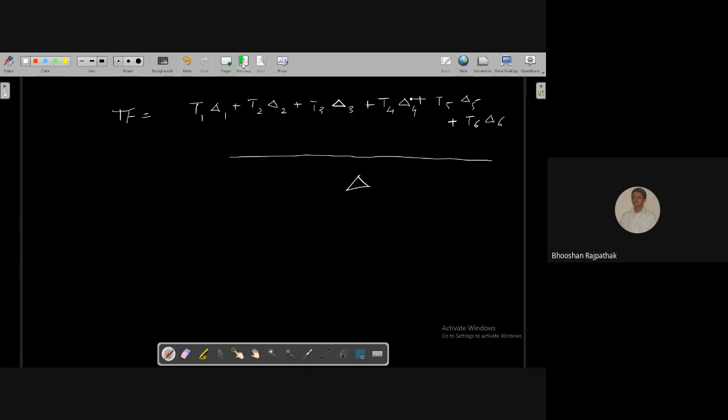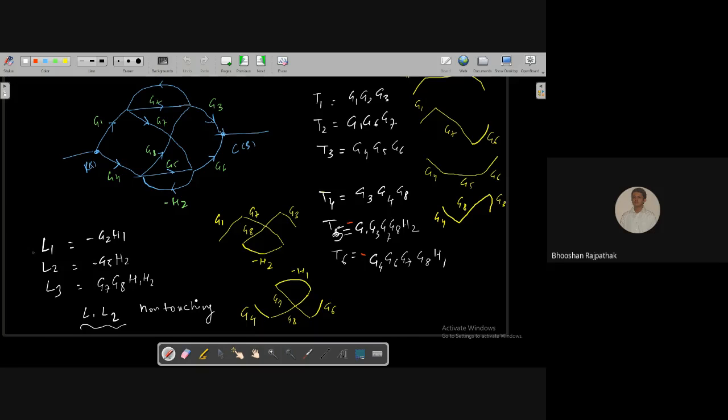Okay, everything we have calculated. T's are calculated, L's are calculated, and we have seen that only two forward paths are there to which there are non-touching loops. So remaining deltas are just one. Okay, so these which are not one, that I will write here. Remaining are one.